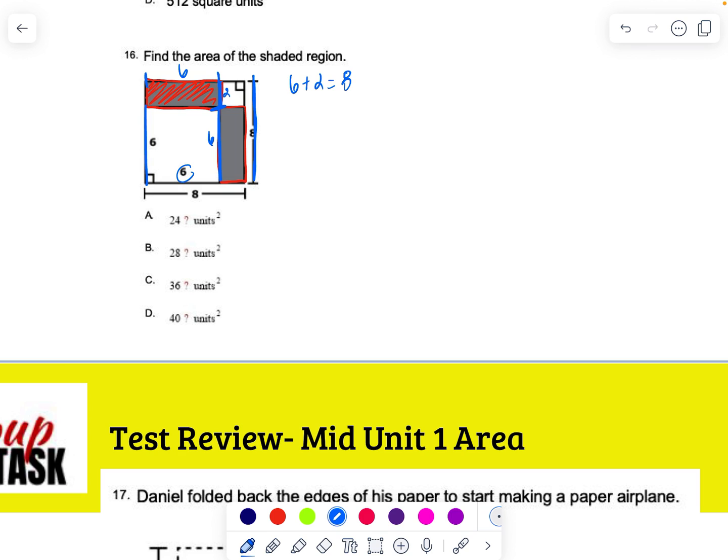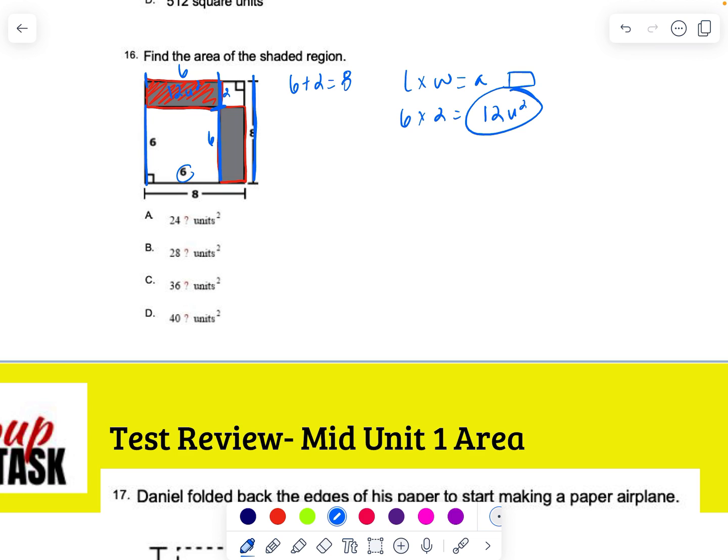So I know that's 2. So now that's perfect. I can use length times width equals area of a rectangle. The length is 6 times the width is 2, and that gives me 12. And I'm not dividing by 2 because this is a rectangle, so it's 12 units squared, okay?